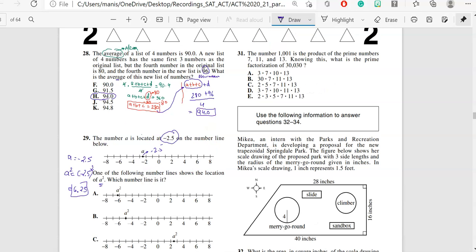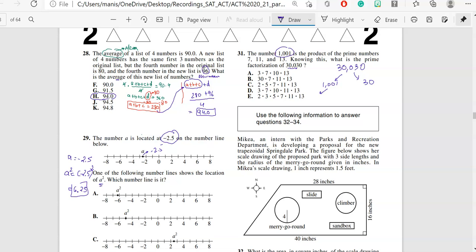Question number 31. The number 1001 is the product of the prime numbers 7, 11 and 13. Knowing this, what is the prime factorization of this? So what I am able to see is there should be some connection between this number and this number over here. If I'm finding the prime factors of this, first of all, one number will be this 1001 and this will be 30 over here.